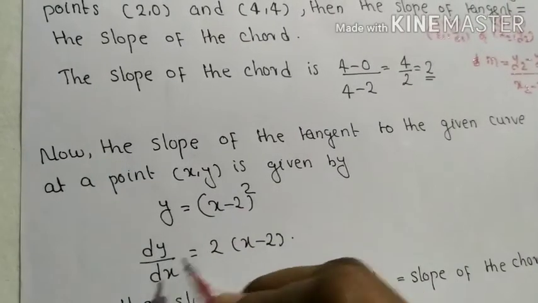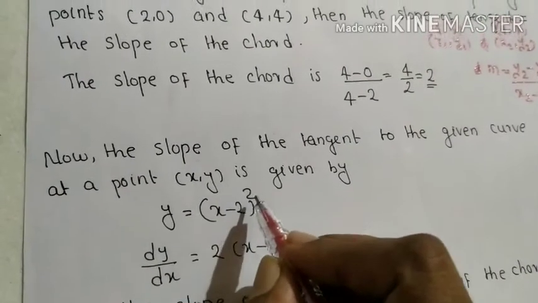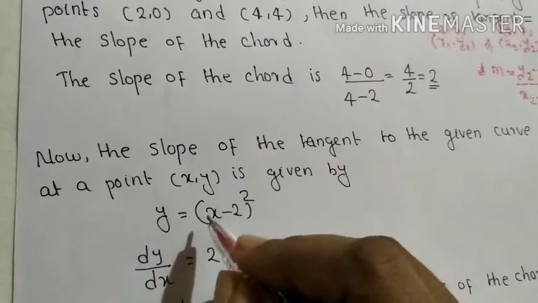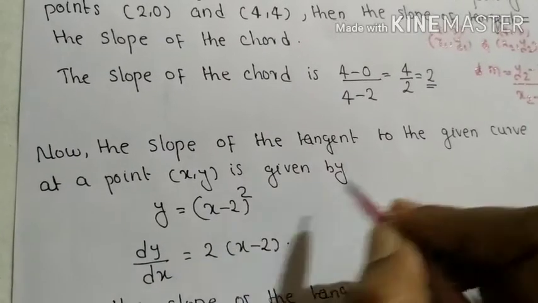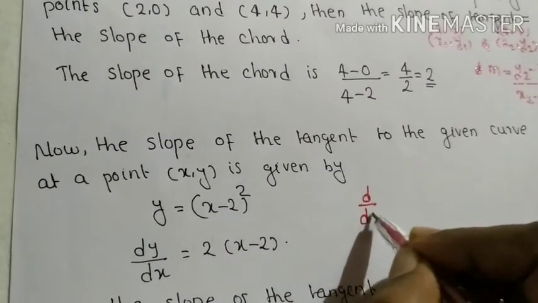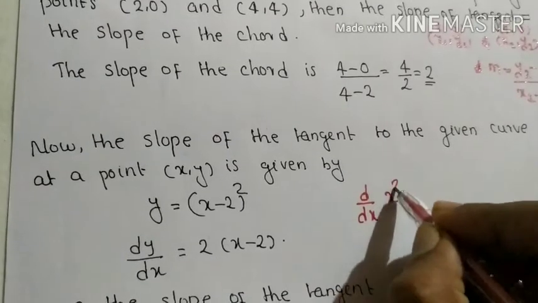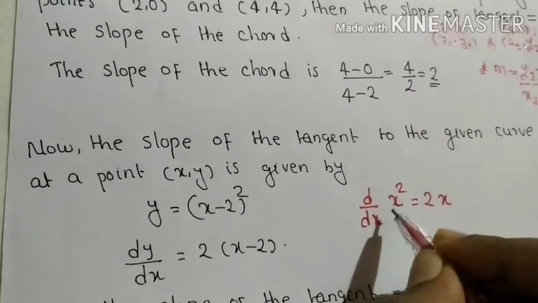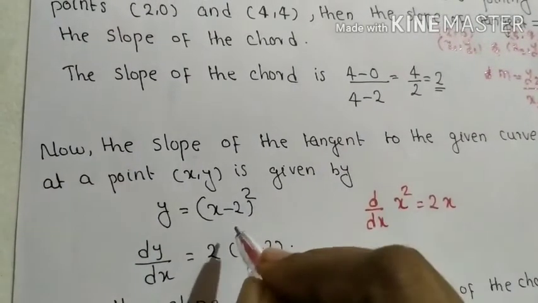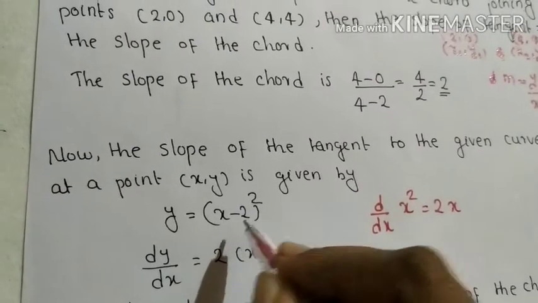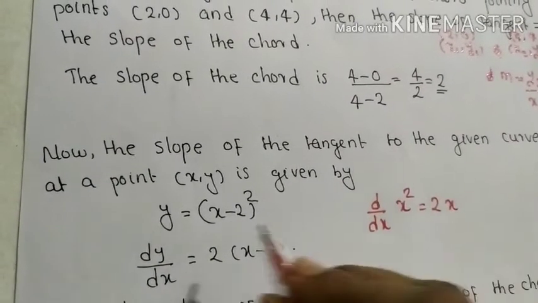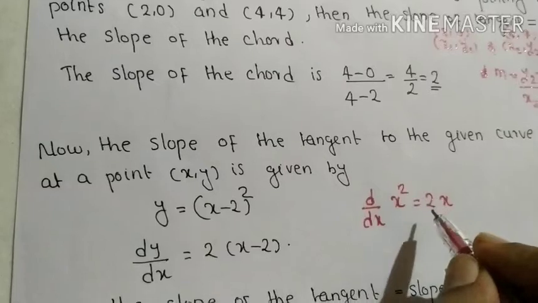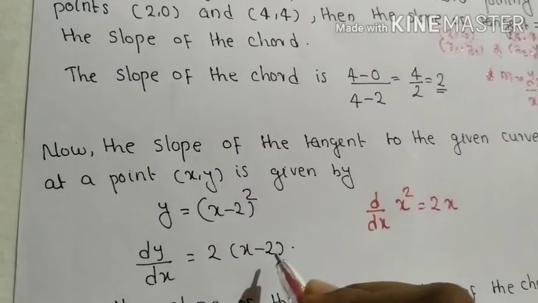We get dy by dx equal to the derivative of (x minus 2) the whole square. We know that the standard derivative of x square is 2x, but here instead of x it is x minus 2. So replacing x by x minus 2, we get 2 into (x minus 2).